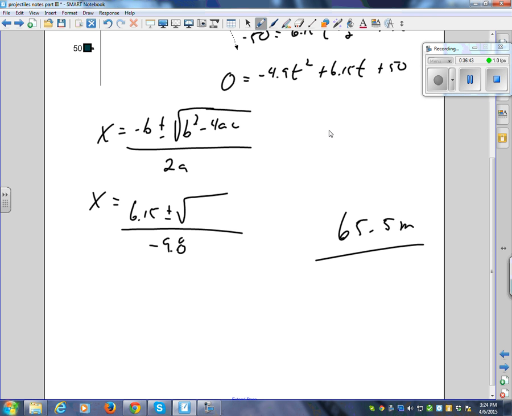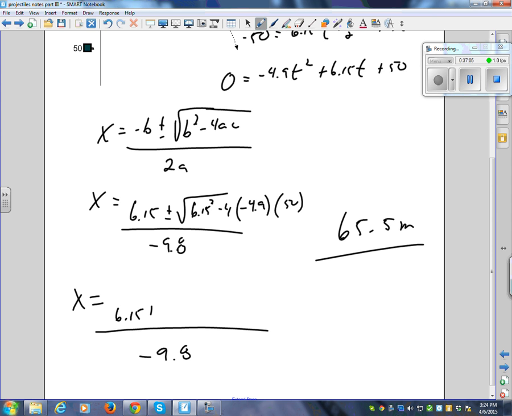So this is going to be b squared, 6.15 squared minus 4 times a times c, 6.15 squared minus 4 times 4.9 negative times 50.